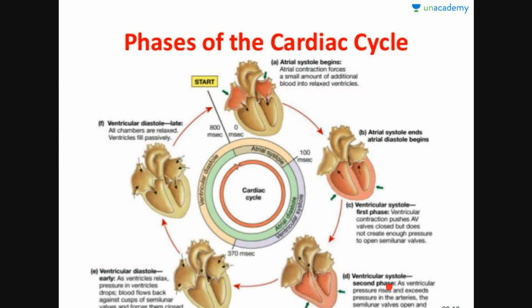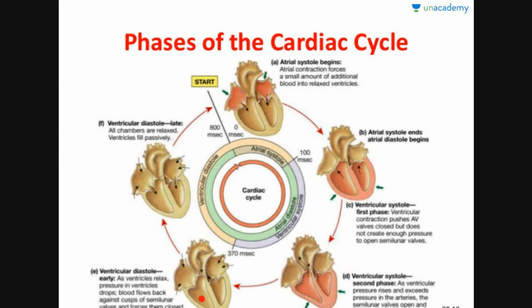Now ventricular diastole, earlier ventricle starts to relax, but the AV valves remain closed, so blood does not come from atria to ventricle, and hence the volume remains the same, and this period is also known as isometric relaxation period because it occurs during the diastole, while the earlier one was isometric contraction period.